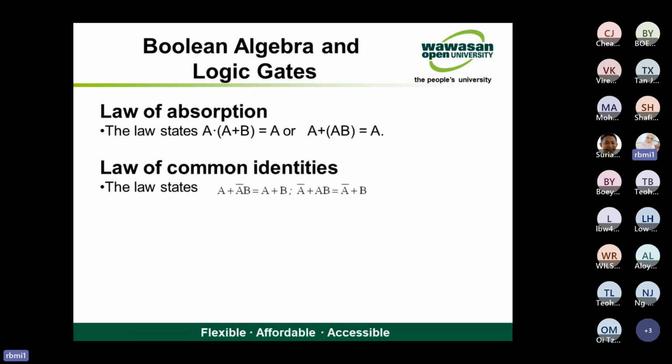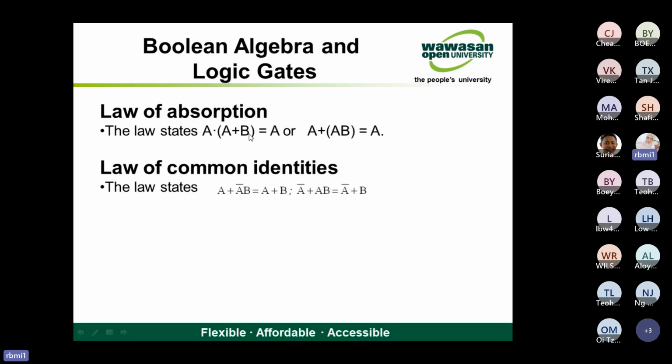And next one, we have the law of absorption. A dot (A plus B) equals A, or A plus AB equals A. Remember that A and B can only be 0 or 1. So we can write the law of absorption as this one here. Let's say A equals 1 and B equals 0. 1 dot (1 plus 0), we get 1.